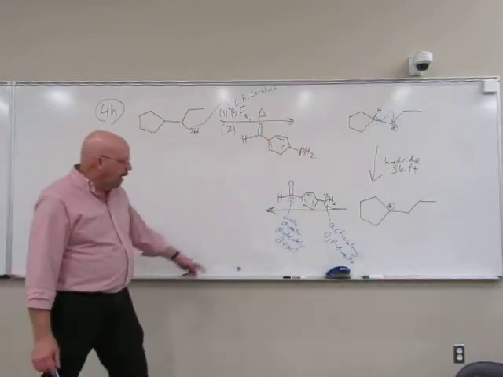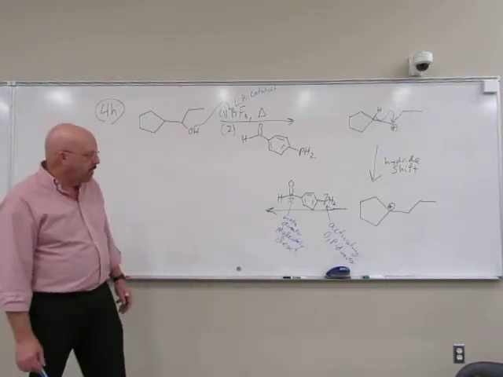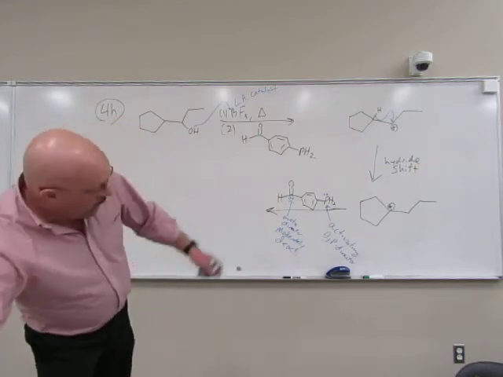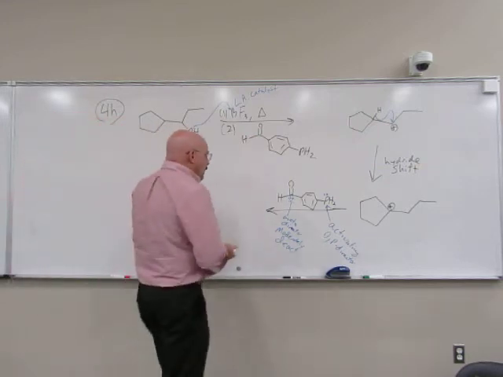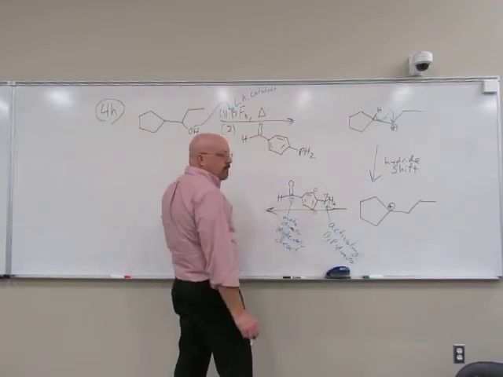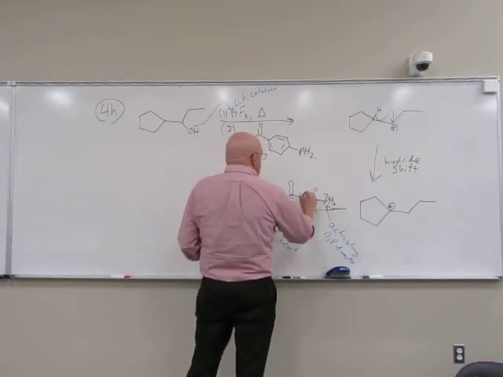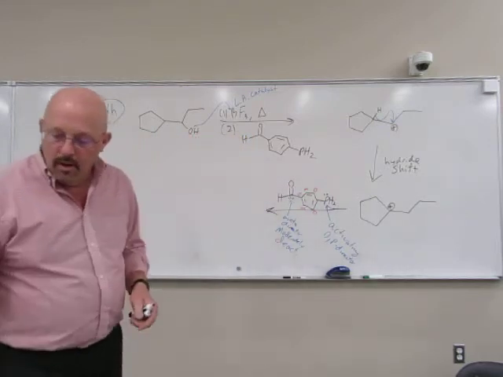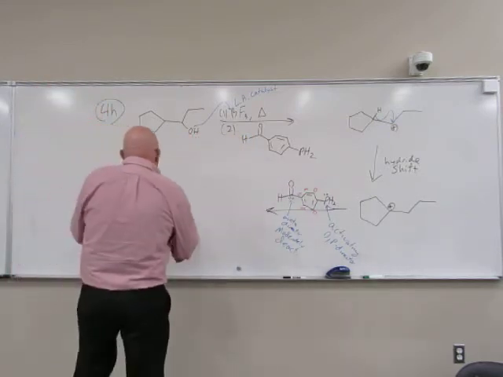Any activating group always beats a deactivating group. So it's the phosphorus that's going to tell our electrophile where to go. So this is ortho to the phosphorus. There's meta, there's para. There's already something in the para position. So we're going to go to one of those ortho positions.